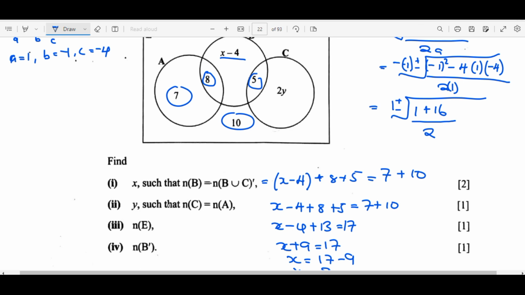We'll start with set A. Set A is equal to set B. Then we're going to find what y is. So we would say n of A is equal to n of B.